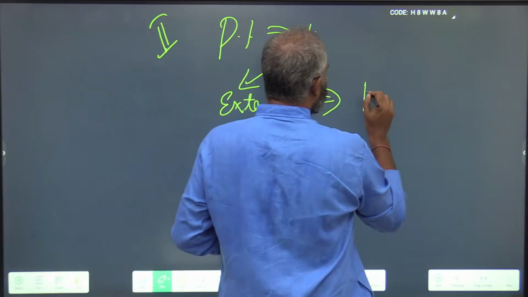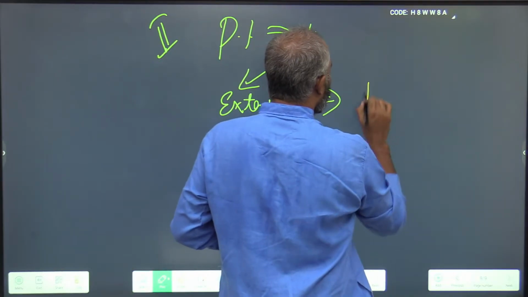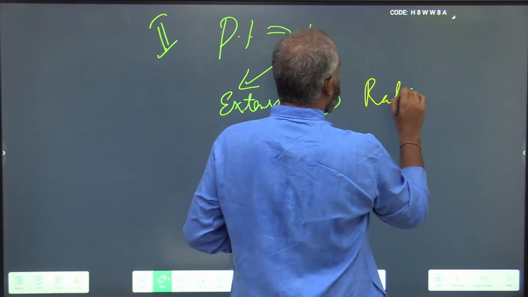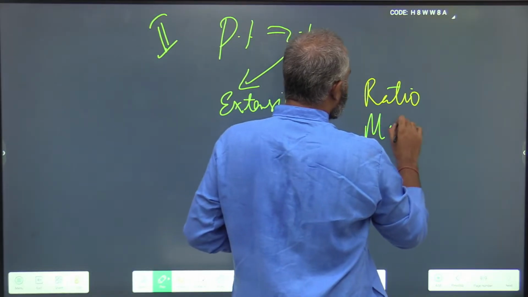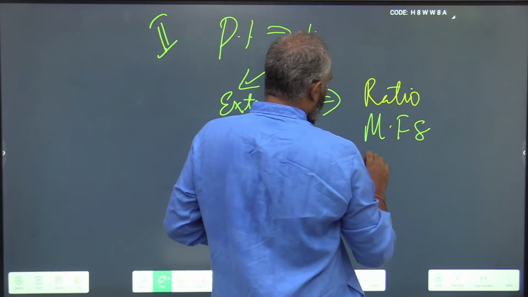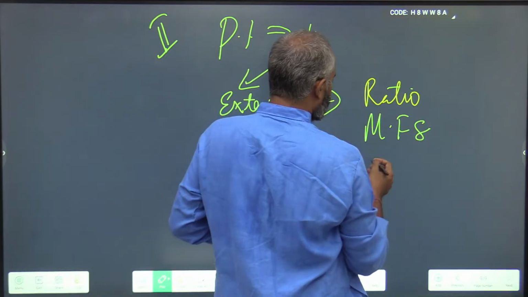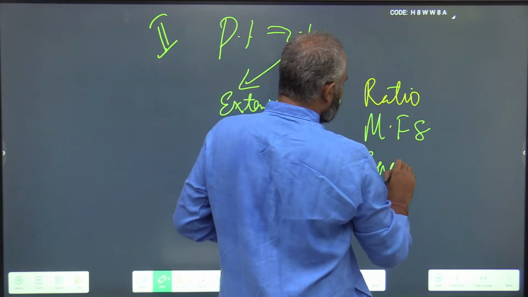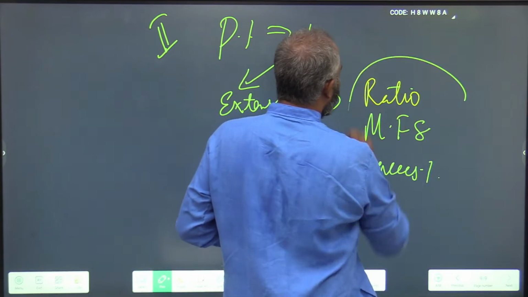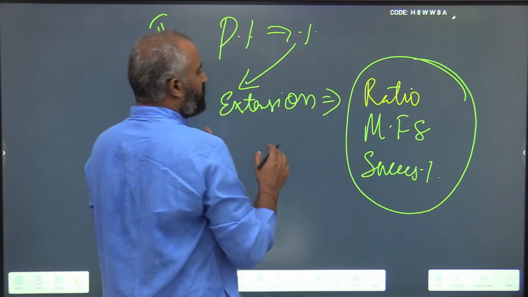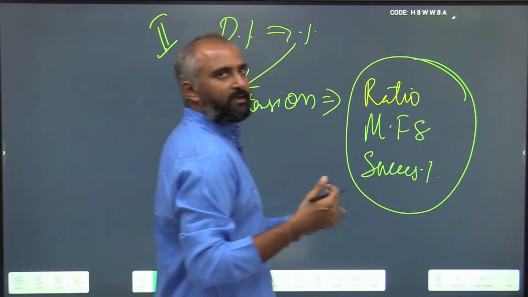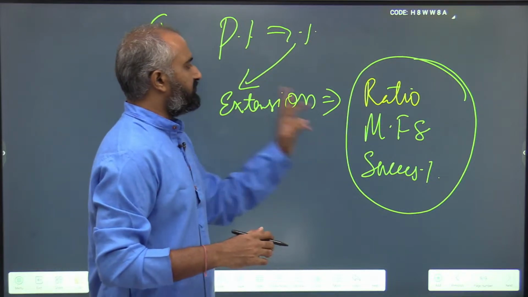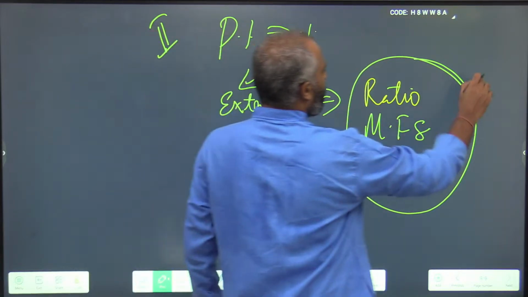What have I used in percentages? I have used the ratio method for solving. I have used the multiplication factor for solving. I have used successive percentages for solving. So I could build upon my already developed basics of percentages to solve profit and loss.